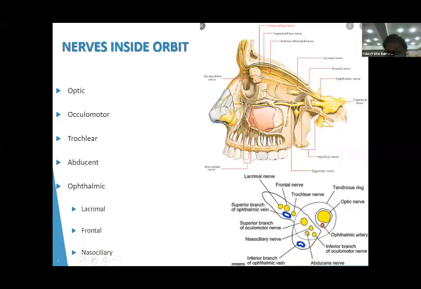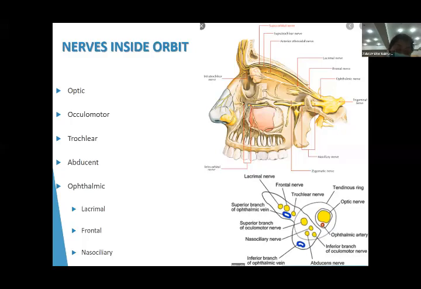And then you have the fifth cranial nerve as well. That is in the orbit, and this is the branch of the fifth cranial nerve. Trigeminal की ये ophthalmic branch है. Ophthalmic branch of the trigeminal is present inside the orbit and supply आपको पता है.